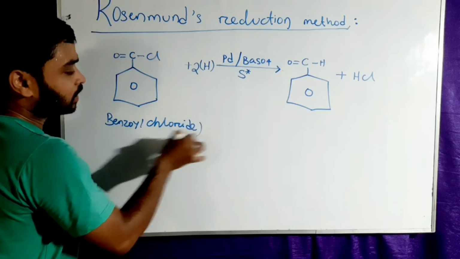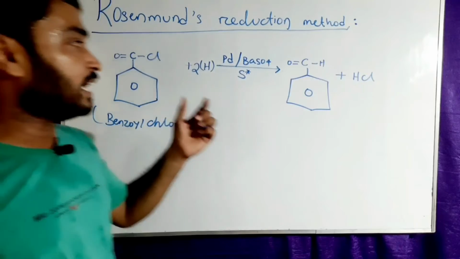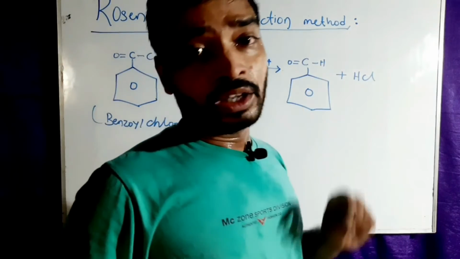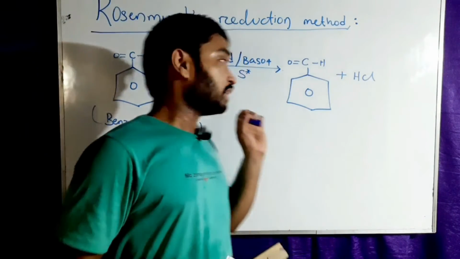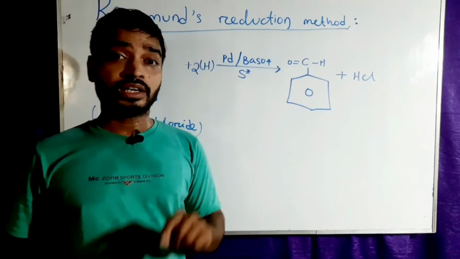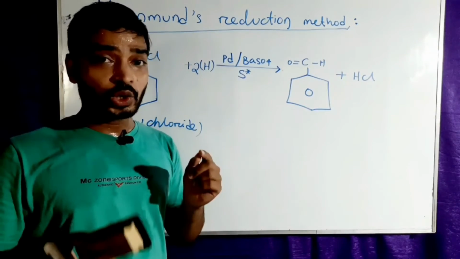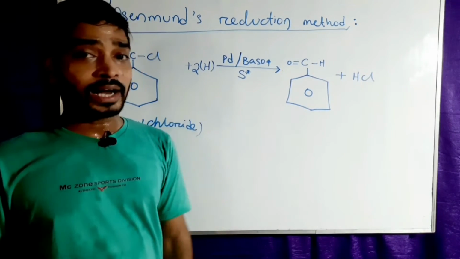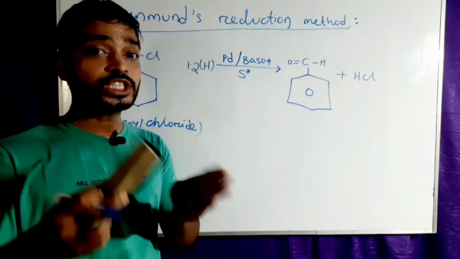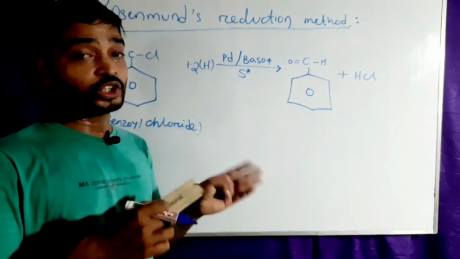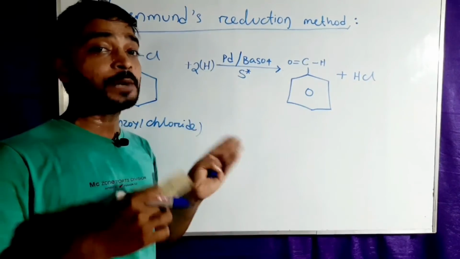In this process, we can easily prepare aldehydes only, but we cannot prepare ketones, because ketones are divalent in nature, and the ketone's functional group is always located at the middle part, but the functional groups we are using for the preparation of aldehyde are terminal carbon functional groups.